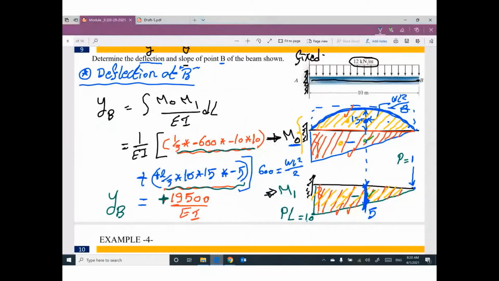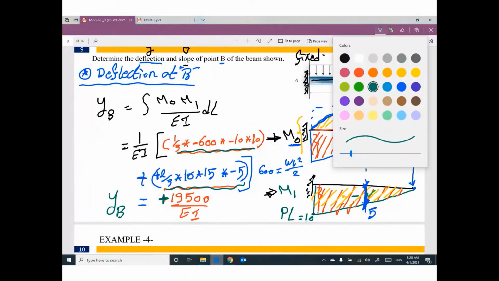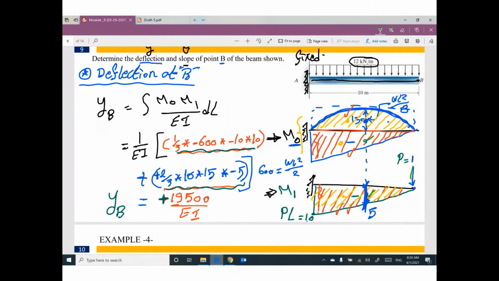Okay, what is the direction that you assumed? I assumed the unit load going down. This assumption is correct, so this deflection will go down. I am done with the first part of the problem, deflection.